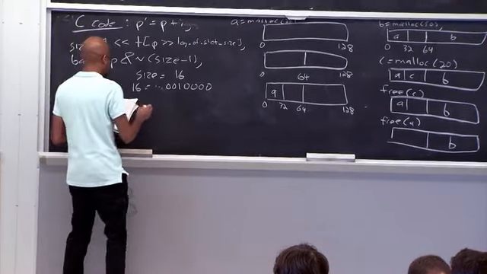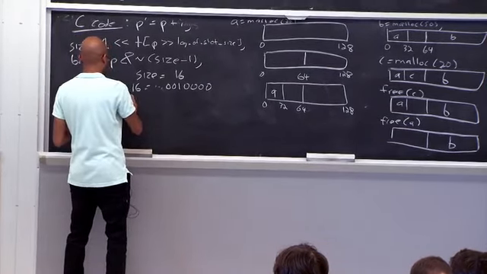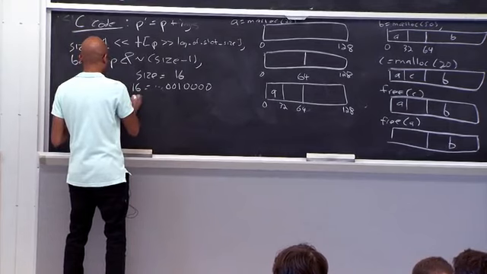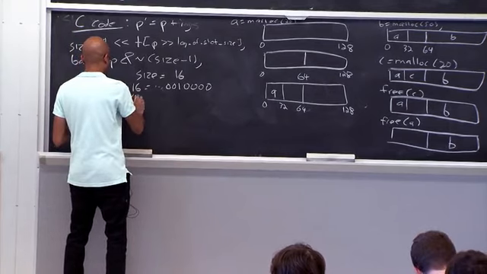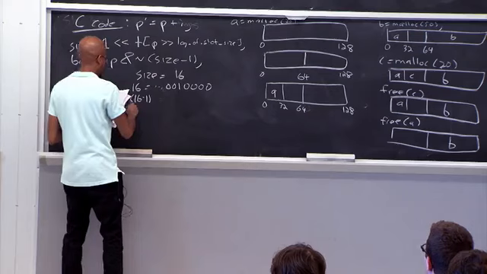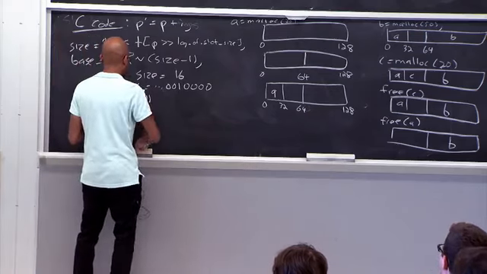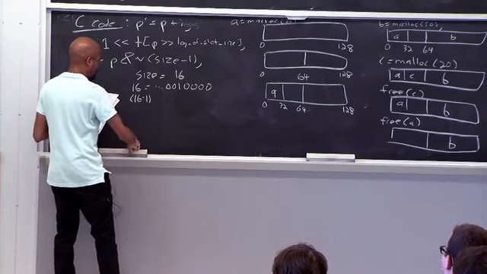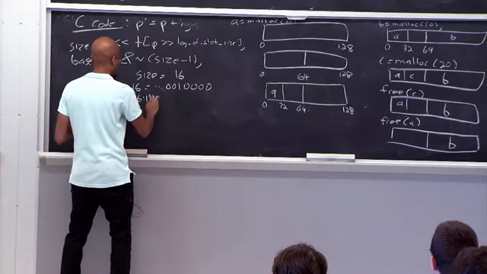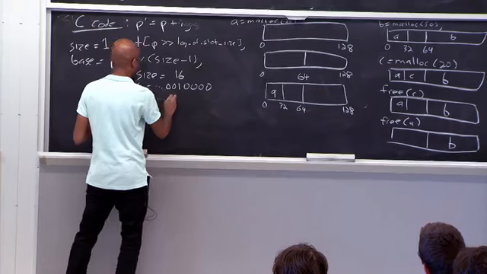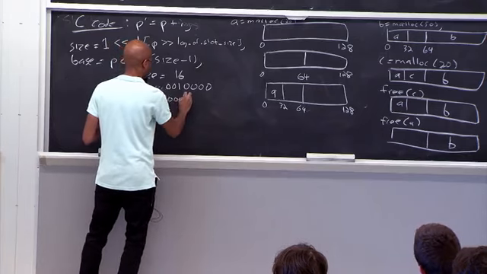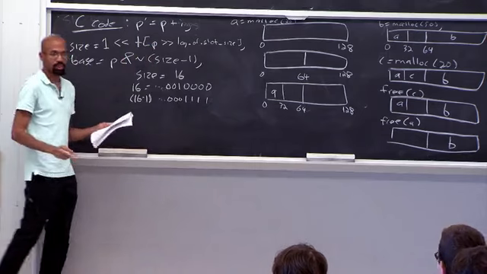Okay? So if we look at the bitwise inverse of 16 minus 1, then actually, sorry. So if we look at 16 minus 1, what's that going to look like? 16 minus 1 is going to look like, right, something like this.